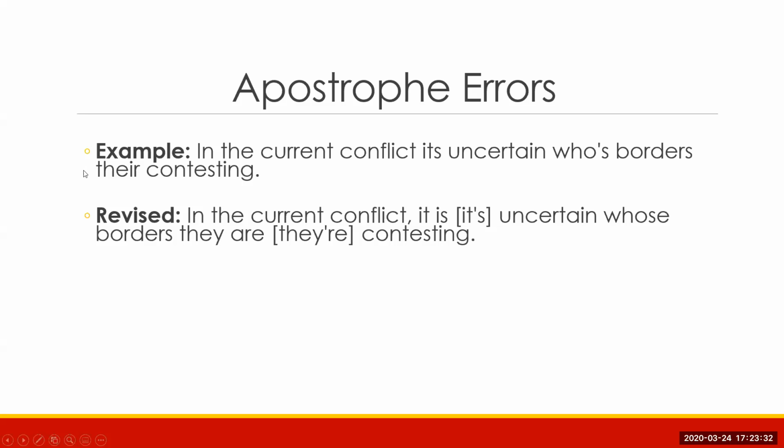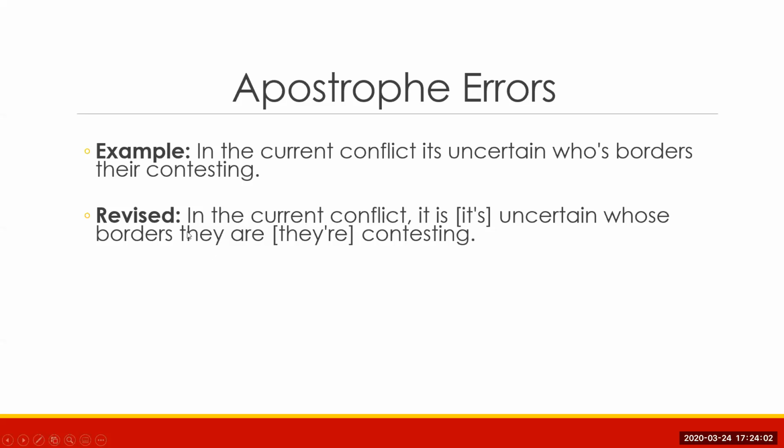So this writer up here used the incorrect form of their. You're actually not supposed to, this shows possession. So T-H-E-I-R is a possessive pronoun. There with an apostrophe R-E, that's actually a contracted form of they are. So in this sentence, they're not trying to show possession of contesting, they're just trying to contract they are.